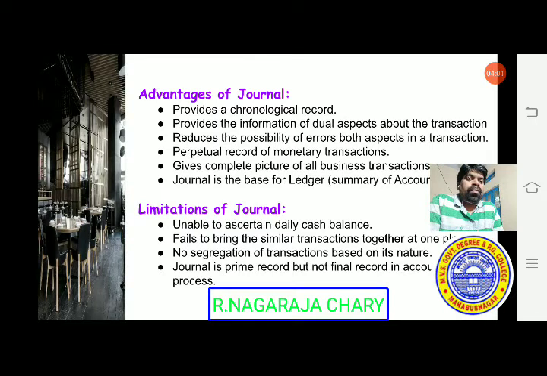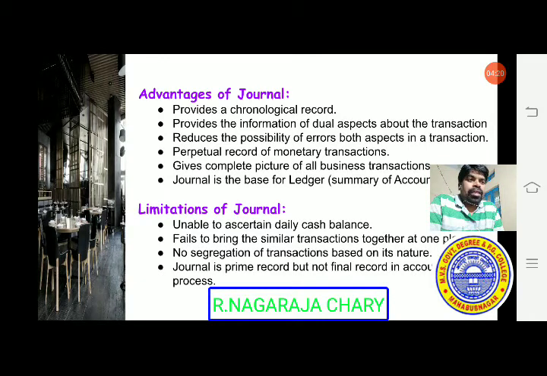So, when both aspects are recorded in a journal, a debit aspect and a credit aspect, then only that will be known as a journal entry. So, when both the aspects are recorded, then only that will be known as a journal entry.